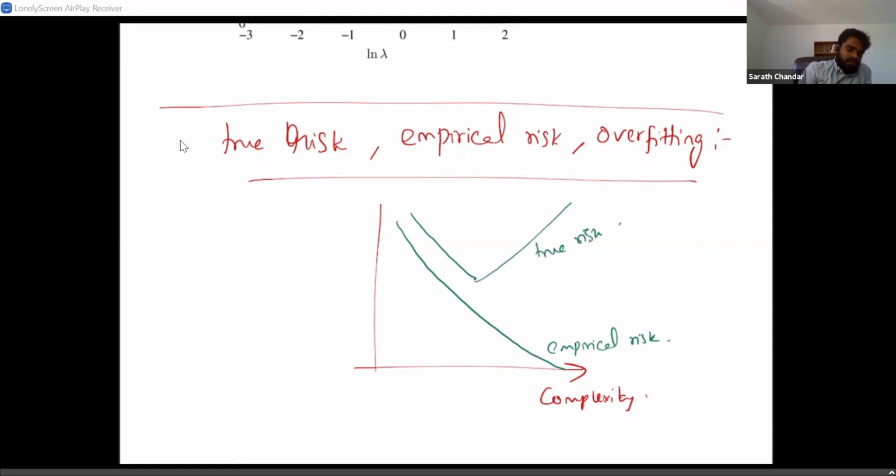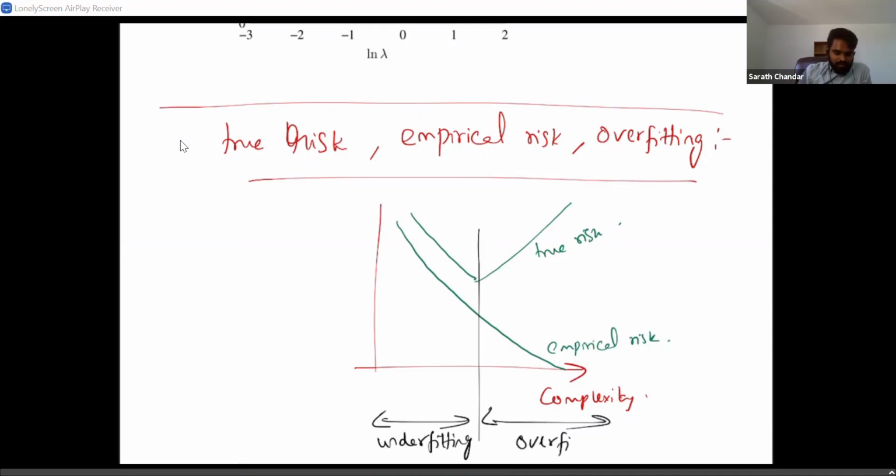Now this region, where the true risk is not minimum but decreasing, is the underfitting region. And this region where the true risk has started increasing is the overfitting region.